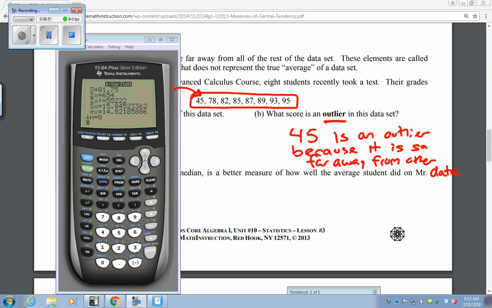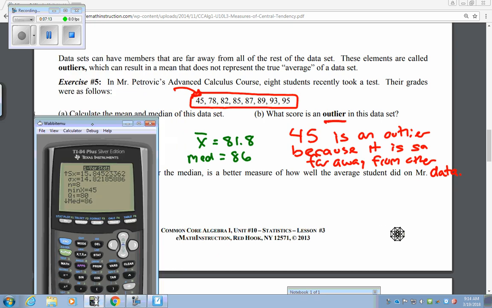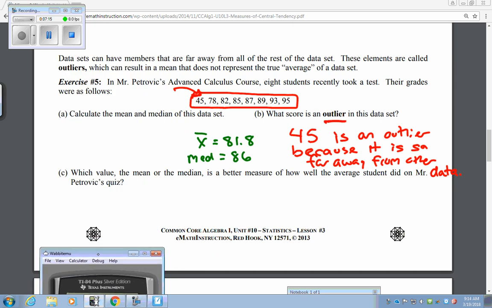Now I went ahead and typed in the data for part A. We have the mean at, which you probably saw already, and I'll round to the nearest tenth like we did for the other one, so we got 81.8. And then we had the median at 86. So the question for part C says, which value is a better measure of the average student?